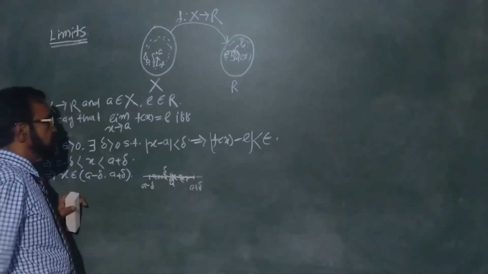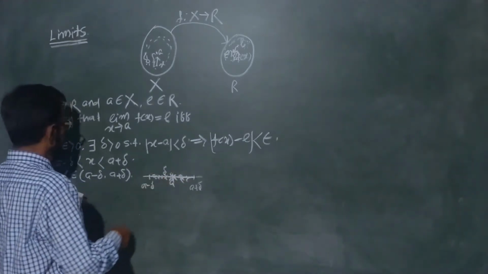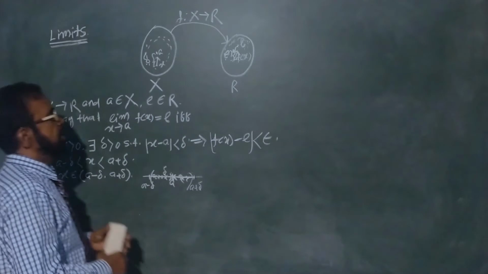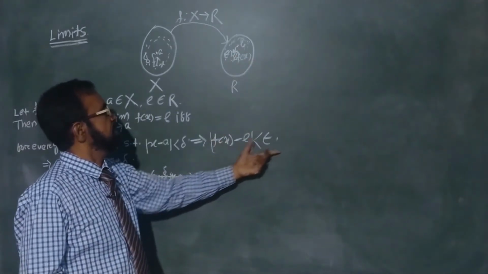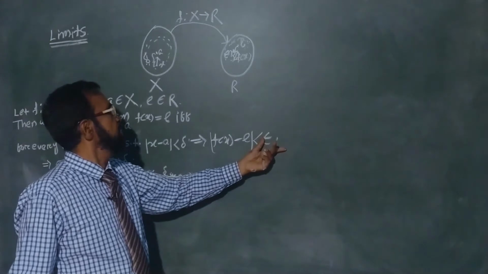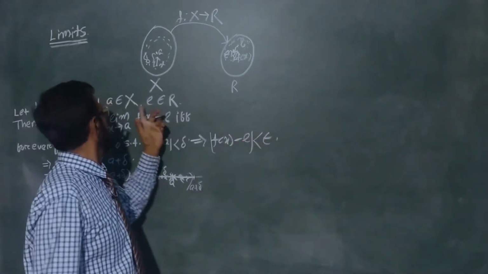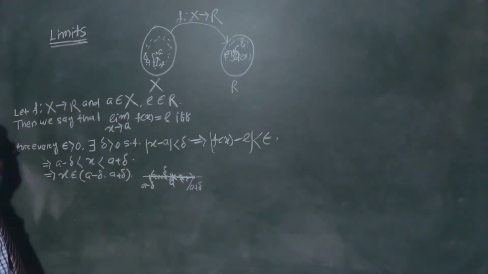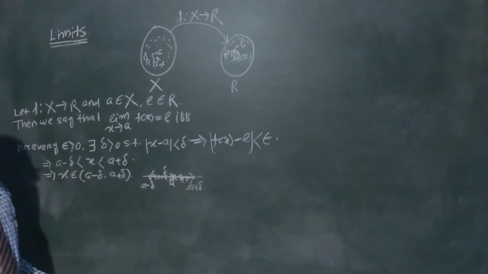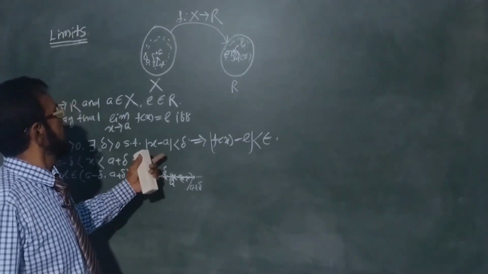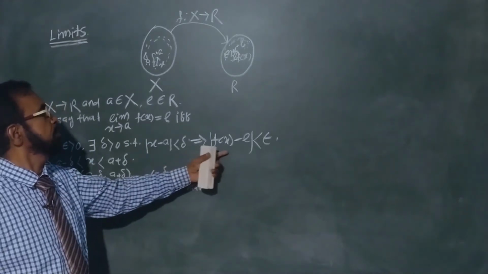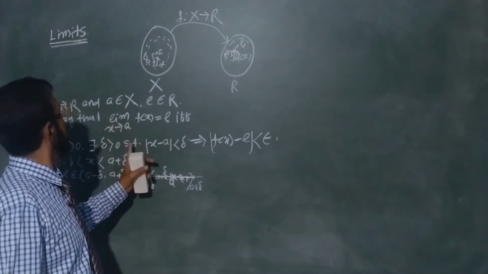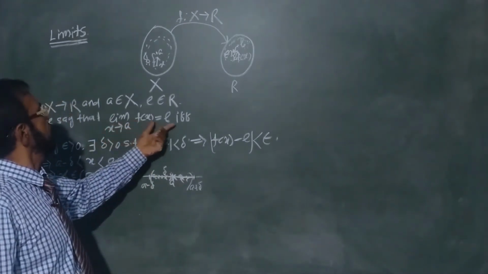When x belongs to the open interval a minus delta to a plus delta, at that time if |f(x) minus L| is less than another small number, then we say that limit x tends to a, f(x) is equal to L. That means for every epsilon greater than 0, there exists a delta greater than 0 such that |x minus a| less than delta implies |f(x) minus L| is less than epsilon. You remember only this. When this happens, then we say that limit x tends to a, f(x) equals L.